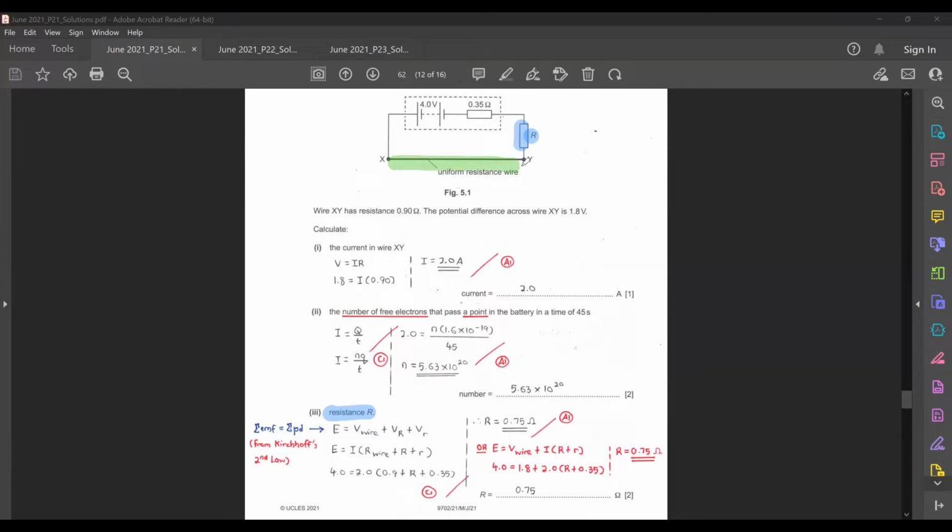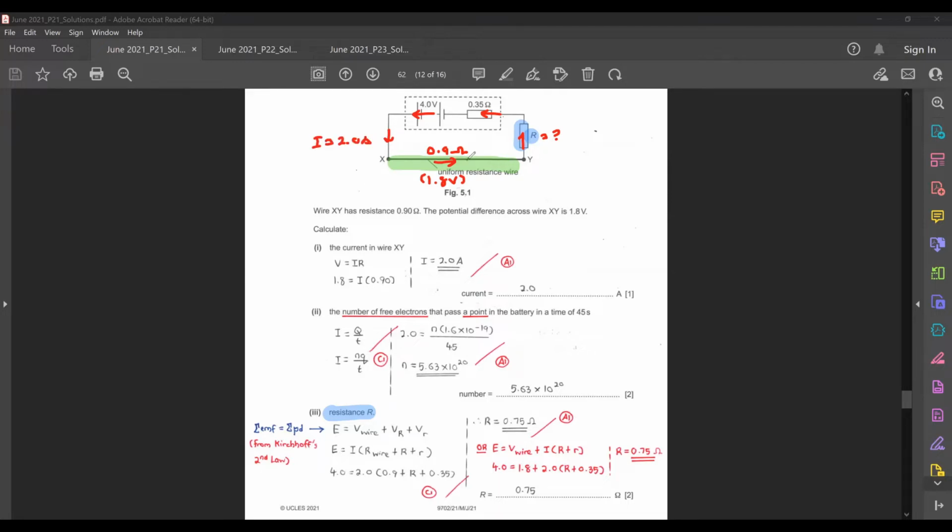You already found out that the PD was 1.8 volts and the resistance here is 0.9 ohms. So here what you're interested to find out is the value of the resistance R. Okay, now before that, you've also found out the current moving through your circuit. The current flowing through your circuit, you've already found as 2.0 amps.